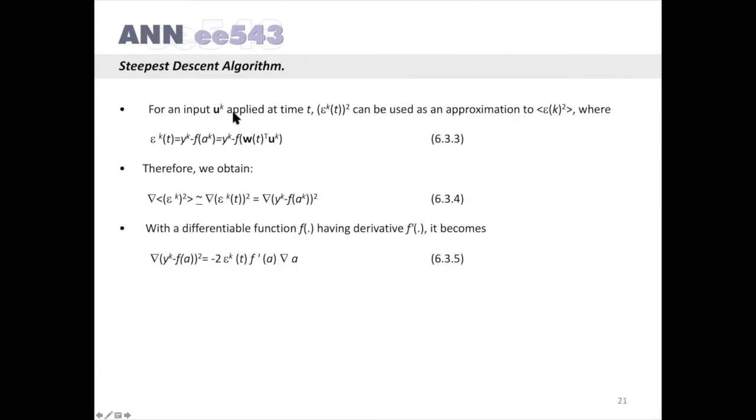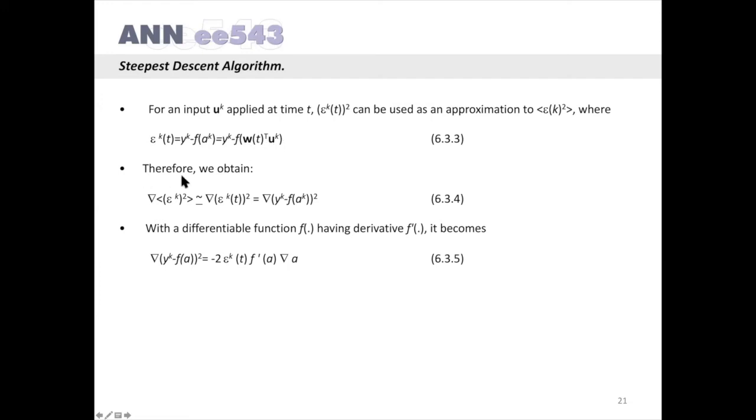For an input u_k applied at time t, epsilon_k(t) squared, the squared error, can be used as an approximation to the mean value of epsilon_k squared, where epsilon_k, which is the error at time t when input u_k is applied, is equal to the desired output y_k minus f applied on the activation a_k. It is equal to y_k minus f applied on W transpose u_k.